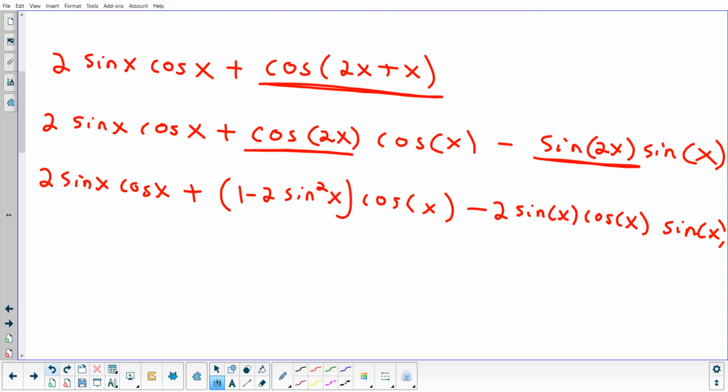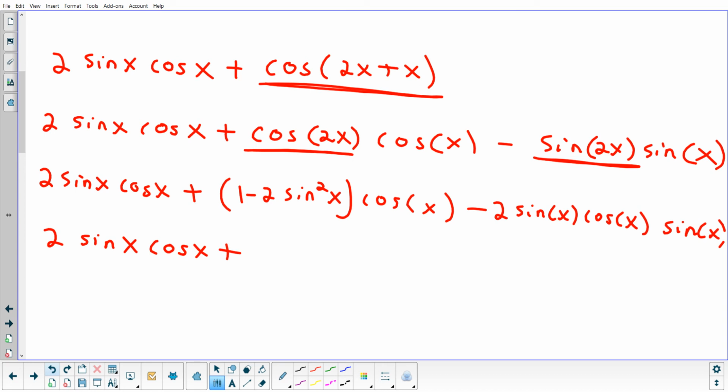Cosine x. So I am going to rewrite it just to multiply these two together. Or you could just erase this and put the 2 on. I'm afraid if I do that and you look back at your notes, you'll be like, wait, where did this sine squared come from? So I'll just rewrite the whole thing. If I was actually doing this, I would not be rewriting it like this.